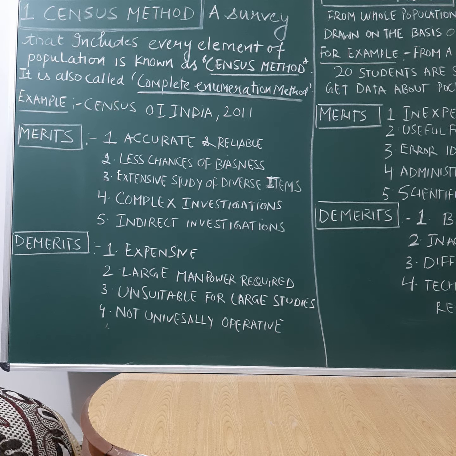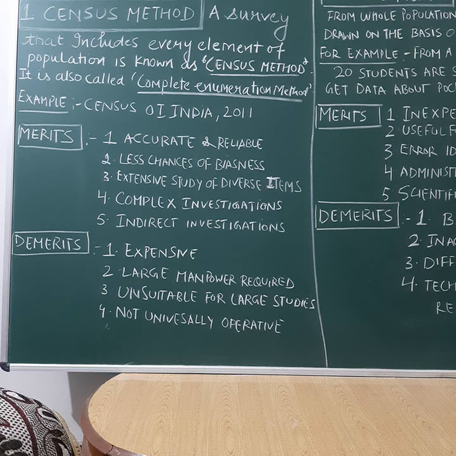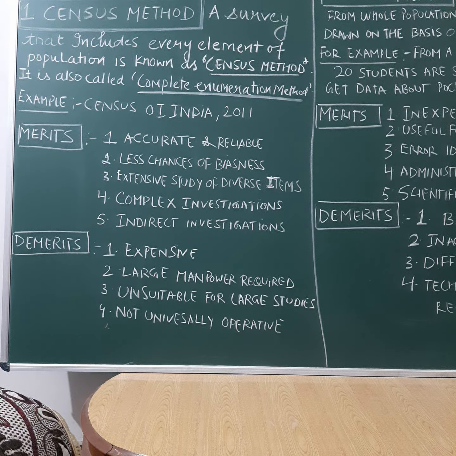If 10 lakh people are there, we are going to collect the data from each and every person. If there are 100 students, we are going to take the data from all 100 students. We are not going to miss any person. So this is also called the complete enumeration method. Complete enumeration method is the alternative name of the census method.